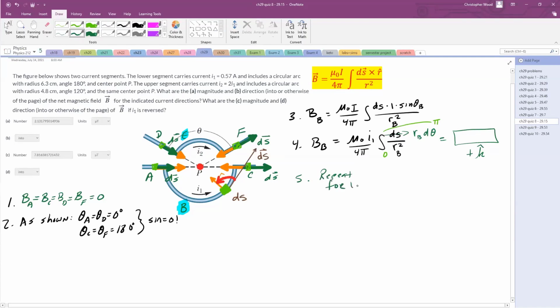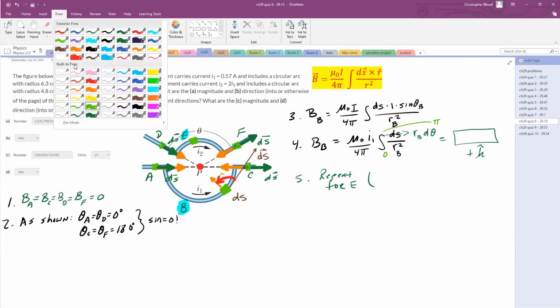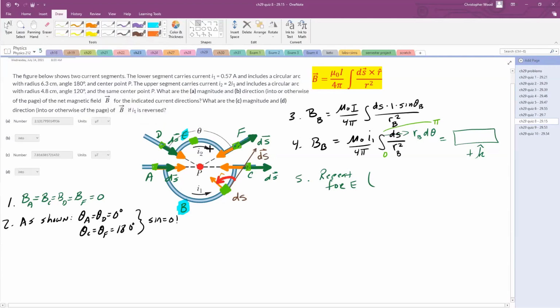And then the direction is, I'm going to do that whole right-hand rule game again. So here's my sample segment. Here's my r hat vector. So kind of fast tracking this because I think I can. Okay. Here's my ds vector. I have to worry about direction.